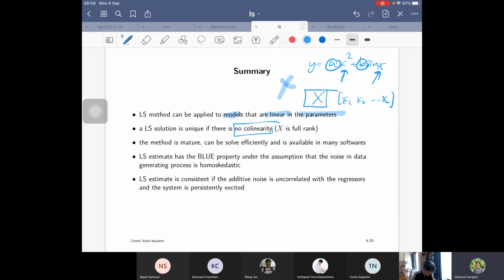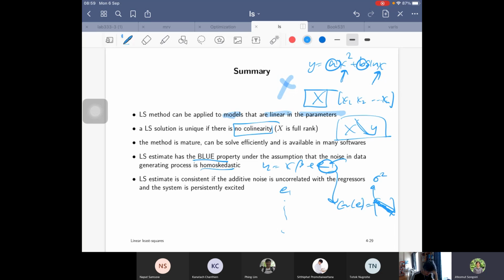Okay. To solve the least square problem, the method is mature. You can use a scientific software package, or you just need to know how to compute the left inverse of the regressor matrix. The least square estimate has the BLUE property under the assumption that the noise corrupting the data generating process is homoscedastic. It means that the covariance of e in vector form is diagonal, and the terms on the diagonal are constant.